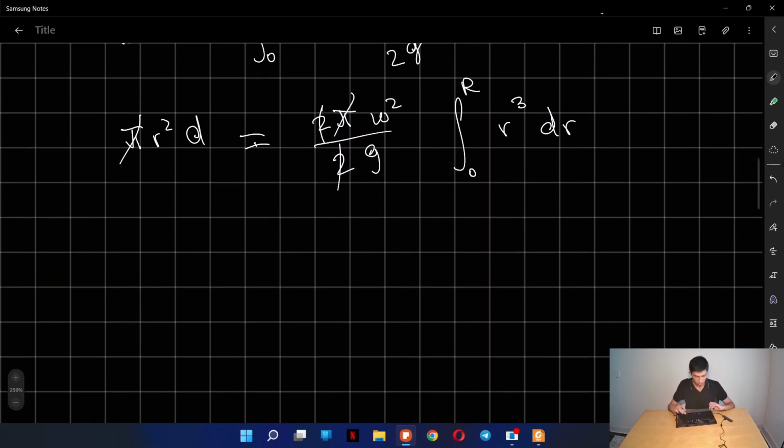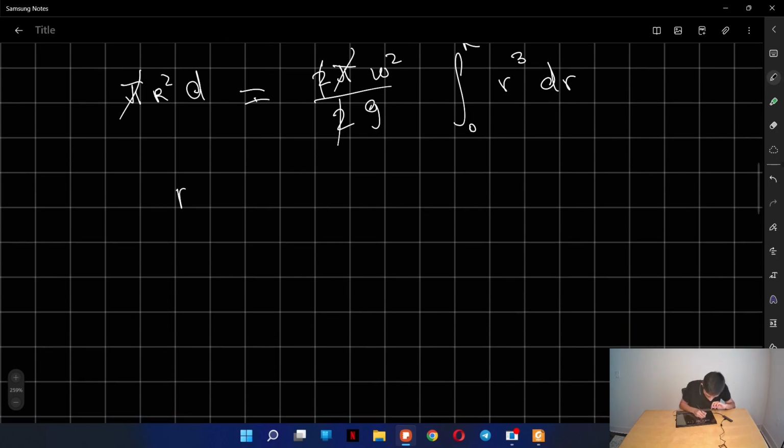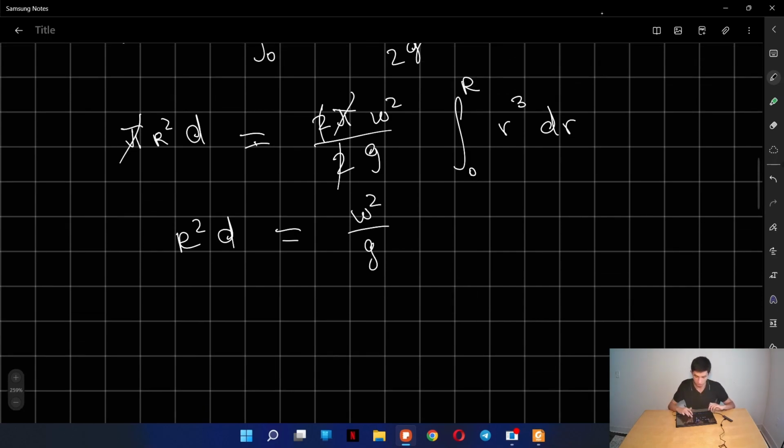Okay, then the new equation we have is, so this was big R. R squared d is going to equal omega squared over g, and I'm going to take the integral.